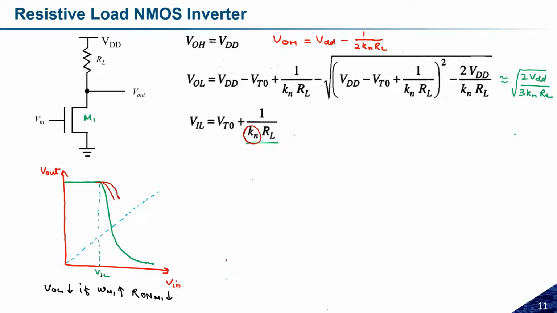Initially the VIL was lower, around VTH, but if I reduce the size of M1, the shifting will be in this direction. This is due to the W of M1 reducing. So this minus 1 slope point, or this VIL, will increase if W of M1 is reducing. This is a really important thing that you should consider.